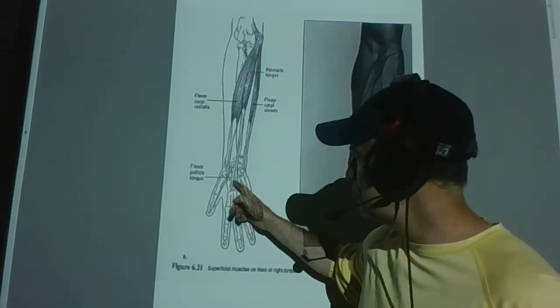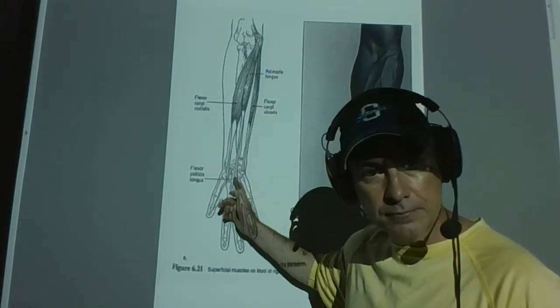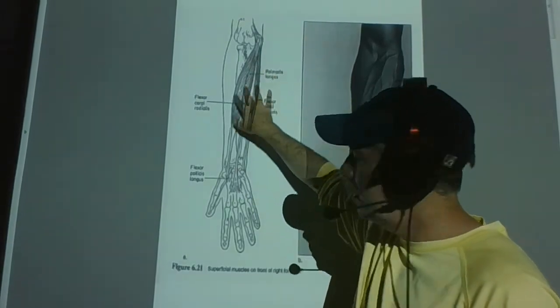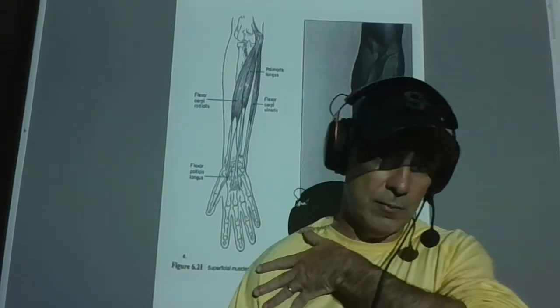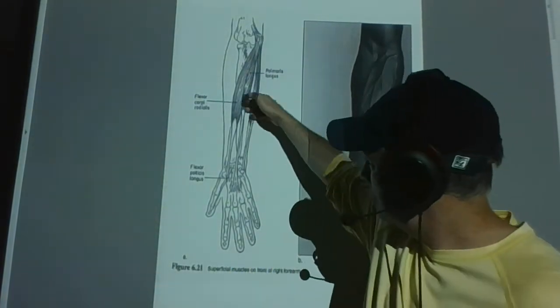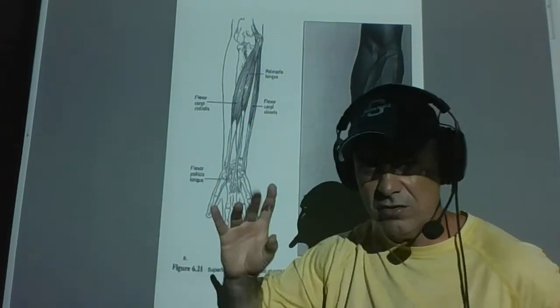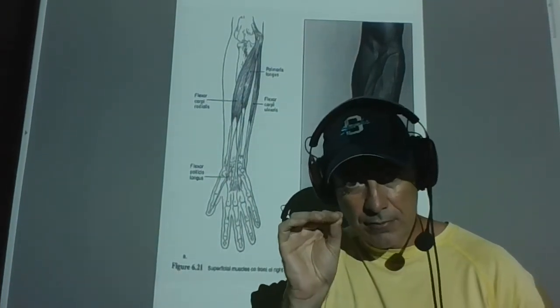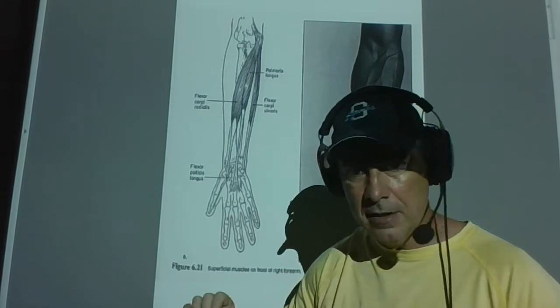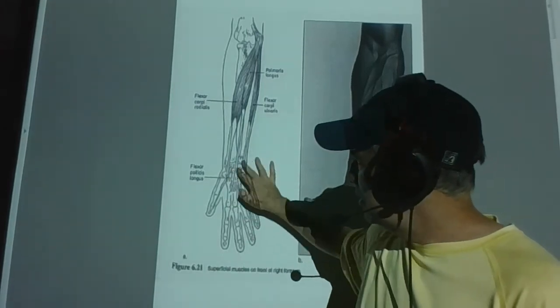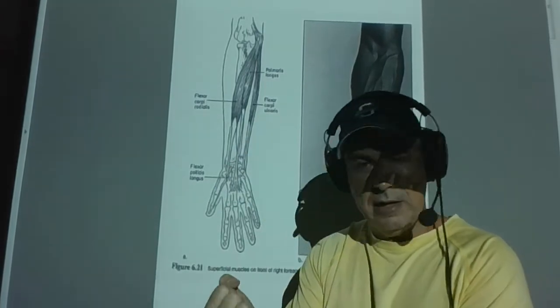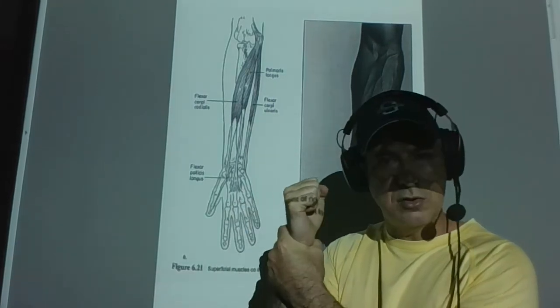So the point is you have a ton of wiring that comes off of your brachial plexus and eventually comes down to innervate all these little intrinsic muscles, okay? Because you have so much wiring in such a small space.